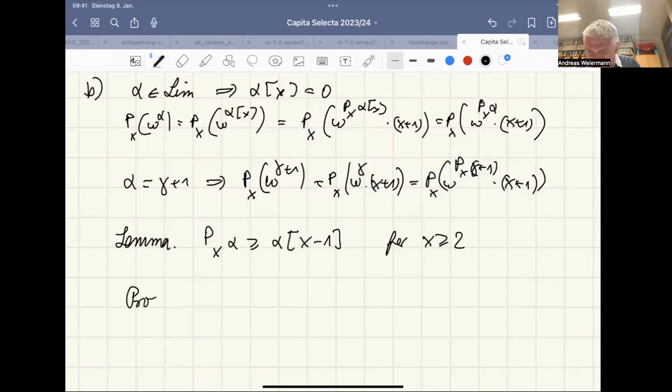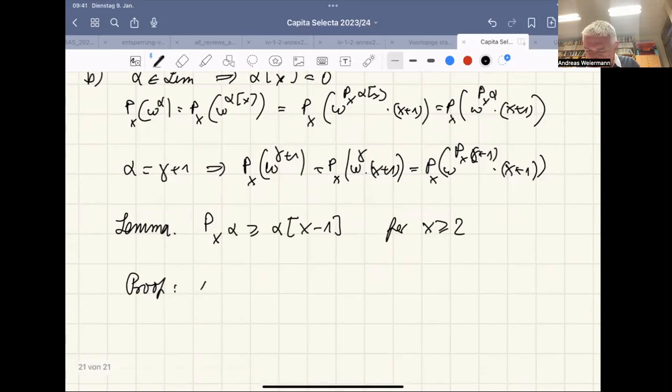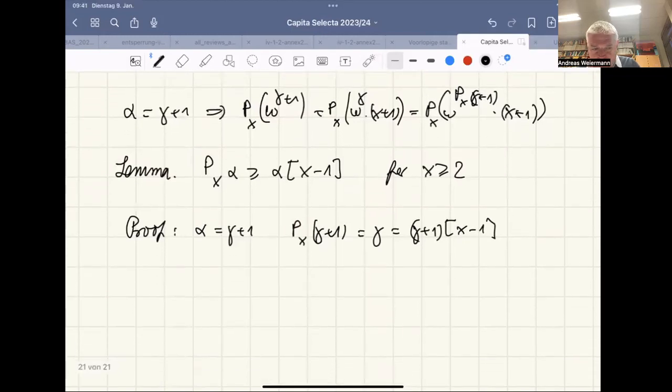So now we prove this lemma, and this is very simple. So alpha is, let's say, gamma plus 1. Px of gamma plus 1 is gamma, which is the same as gamma plus 1 at argument x minus 1. Not much to show. Alpha a limit.